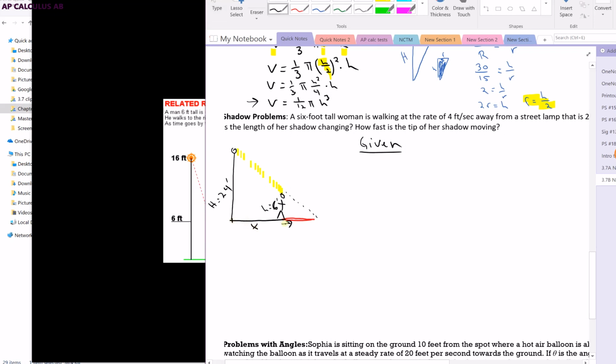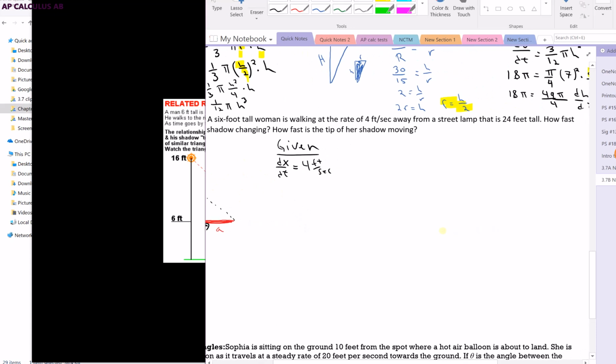That's this distance here. And she's walking away, so dx/dt, that distance is increasing at 4 feet per second, because she's walking away. And then we need to come up with some variable for her shadow length. Let's call it a. I was going to write s, but my s's look like 5s, so let's just call it a. A is her shadow.